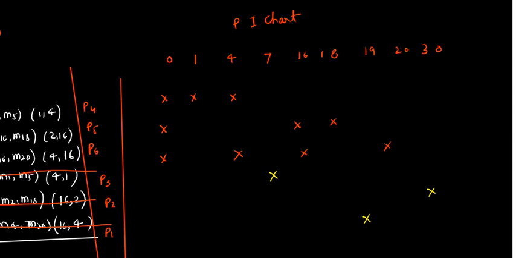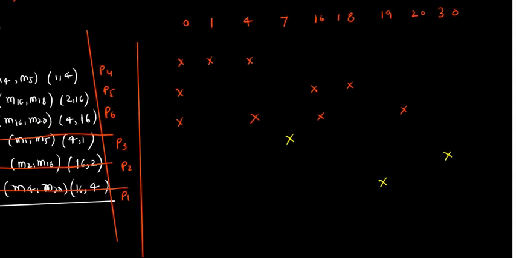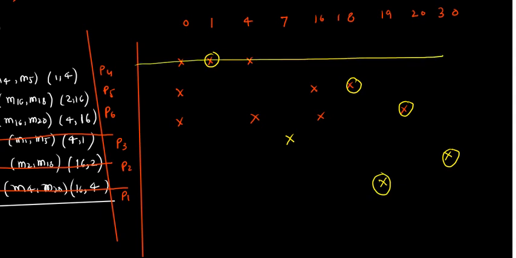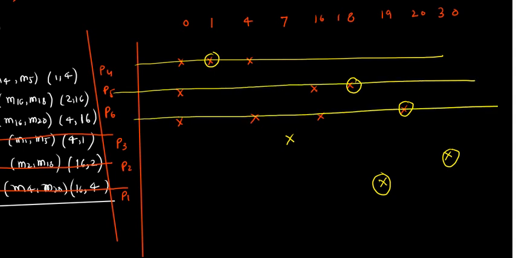So what are the prime implicants? This one, this one, this one, this one, and this one. Correct? So everything is essential.